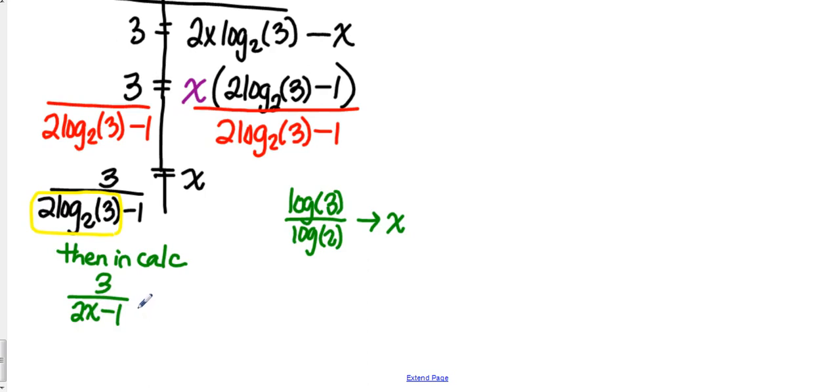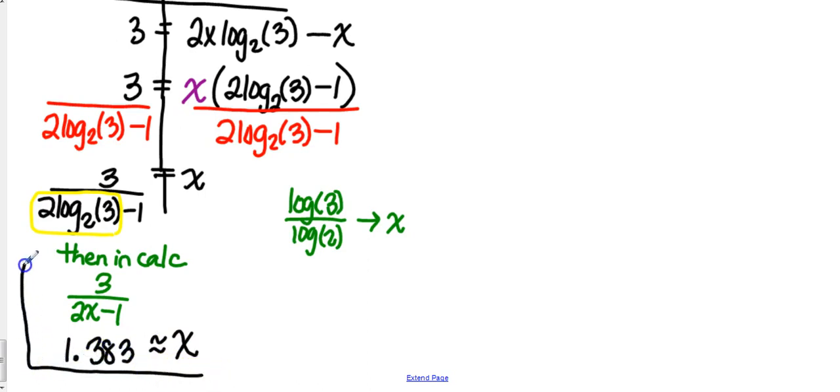So give that a try. Once again, press pause, and then we will check our decimal answers together. When you press play again, you will see my decimal answer. The decimal approximation here is 1.383. If we're having any struggles with the calculator, don't sweat it. We'll talk about it tomorrow in class.